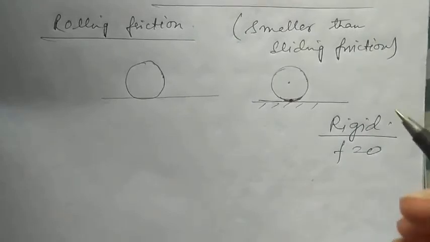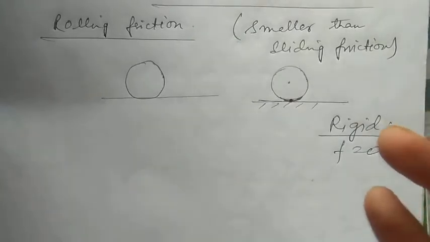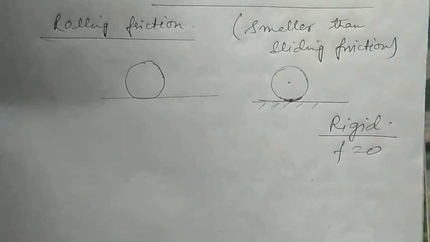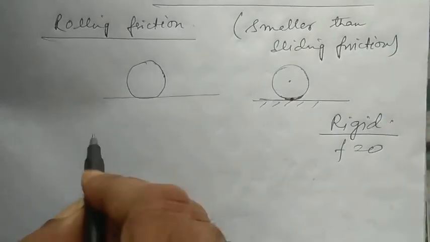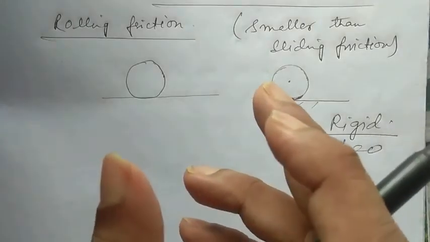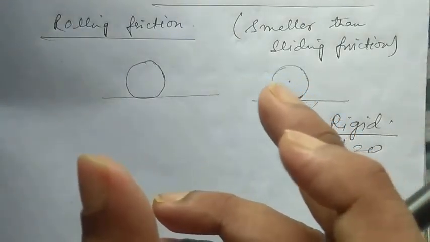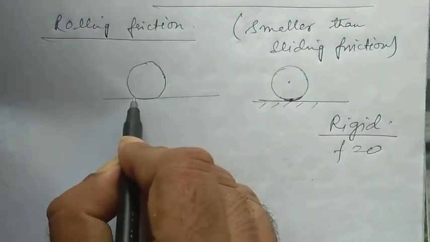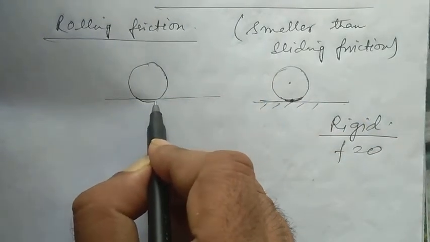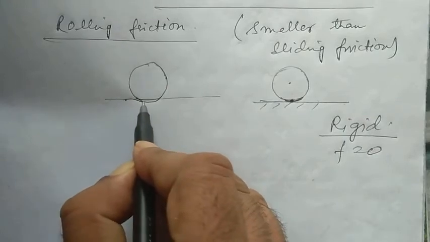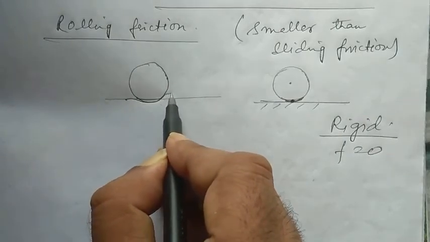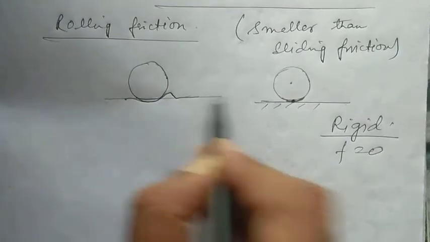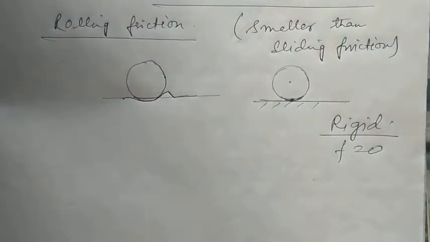But in practice, in the practical scenario, we find that when a wheel rolls on the surface, its motion gets obstructed. Now part of the wheel gets into the soil and some part of the soil comes out like this, like a small elevation.